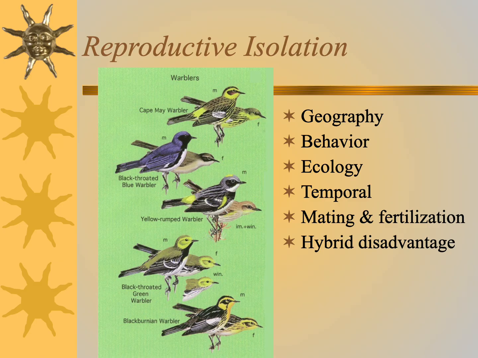But there's other things: for animals, their behavior, or for animals and plants, their ecology, or when their breeding period is, or the specifics of mating and fertilization, that can separate individuals. And sometimes you do get hybrids forming between different populations, but if they're infertile, then it doesn't matter that much.